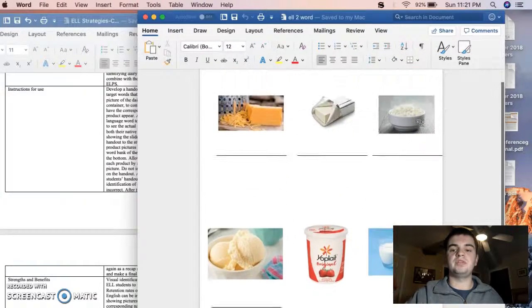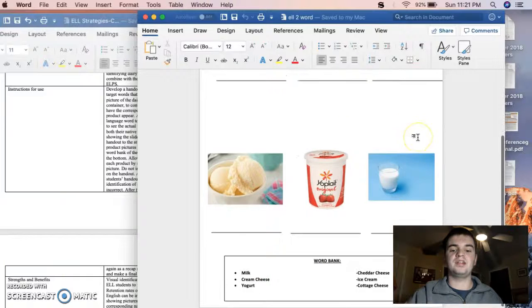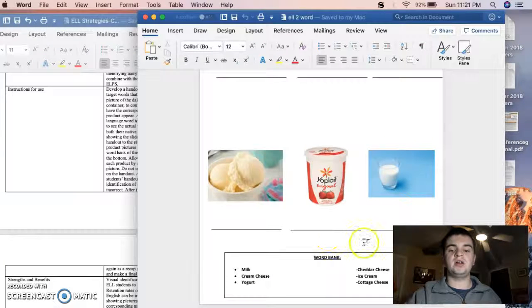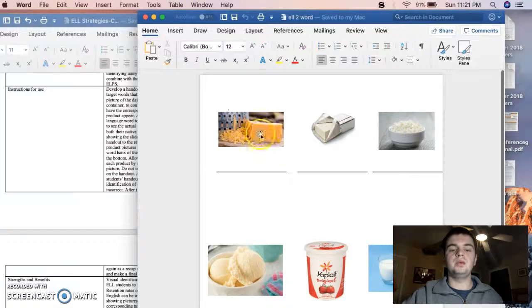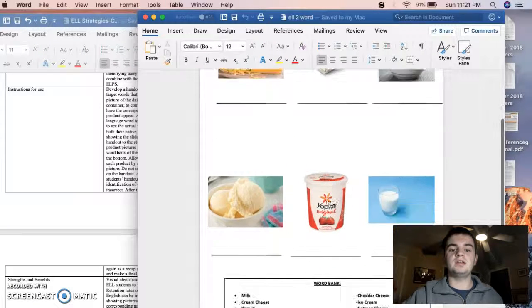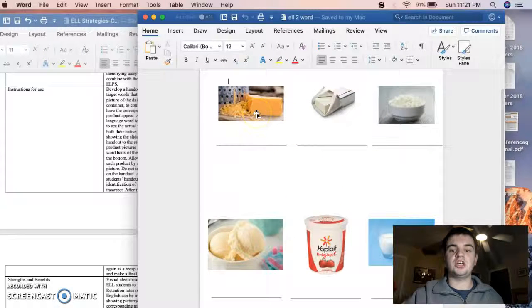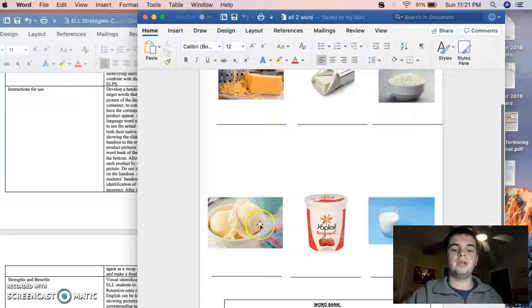And you have a picture of each one. You just have blanks. They don't have to draw from memory or know how to spell it. They just have to match a word from the word bank to the certain object. So they would see that's cheddar cheese, that's cream cheese, cottage cheese, milk, yogurt, and ice cream respectively.